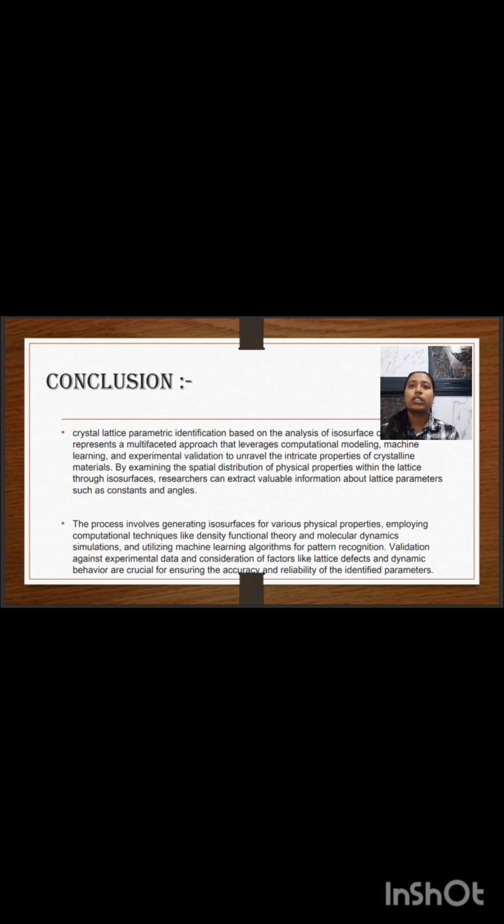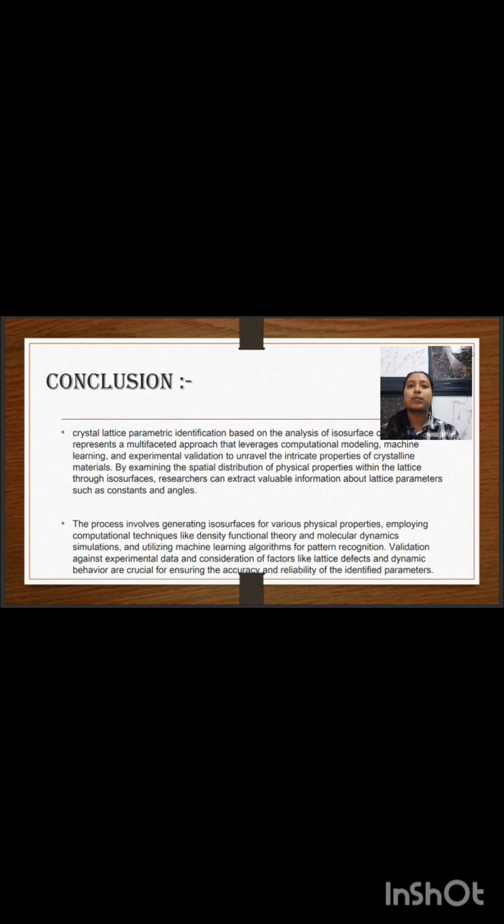In conclusion, lastly, we are saying the crystal lattice parameter identification based on the analysis of isosurface configuration is the main process of finding a crystal lattice. The isosurface configuration represents a multifaceted approach that leverages computational modeling, machine learning, and experimental validation to interpret properties.